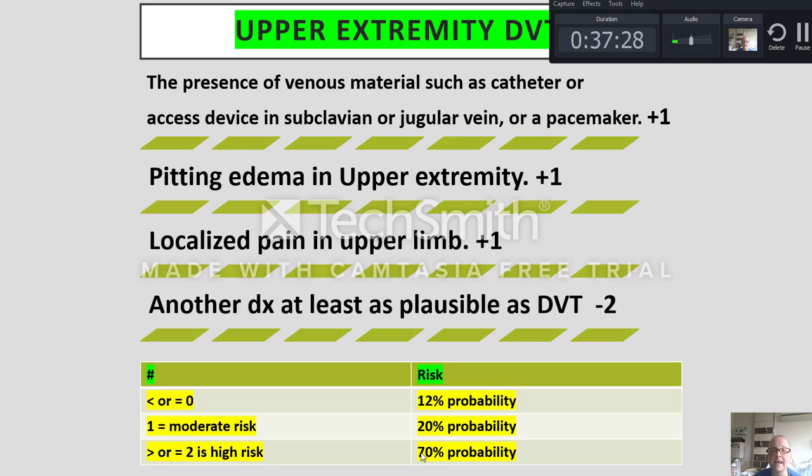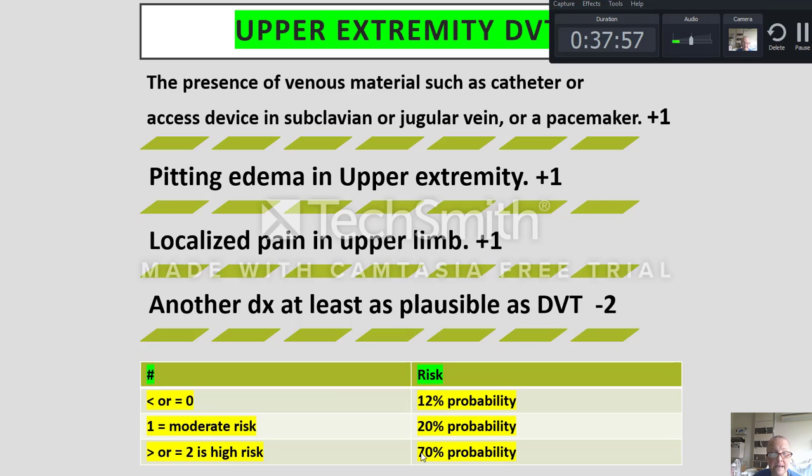Pitting edema in the upper extremity is a 1+ again, so that's a 20 to 70% probability. Localized pain in the upper limb, 1+. So again, 20 to 70% probability, but that's a pretty wide range of probability if you ask me.